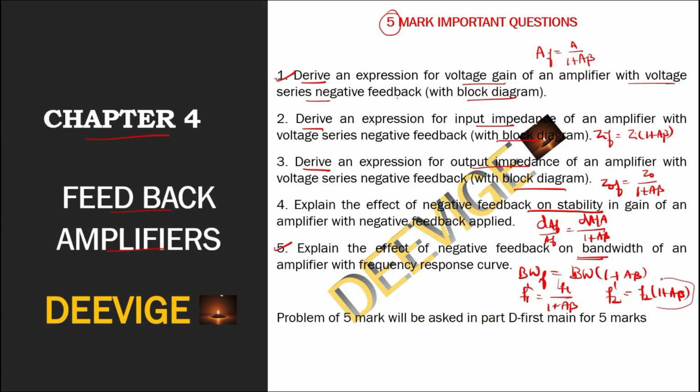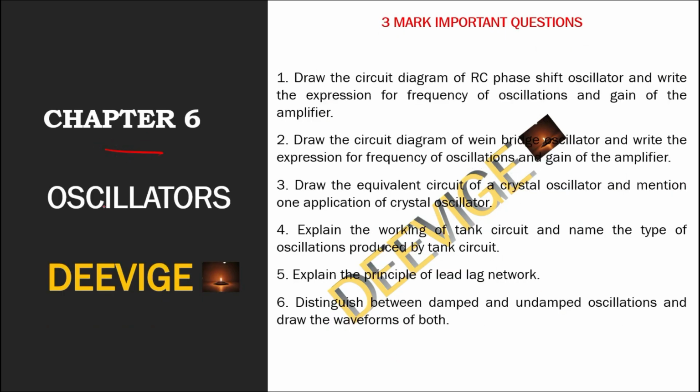You might be noticing all the factors are getting affected by the factor 1 plus A beta, either by dividing, that is reducing, or by increasing. That many times it will either increase or decrease. And a 1 mark and a 5 mark problem will definitely be asked from this chapter for first main of part D, problem section.